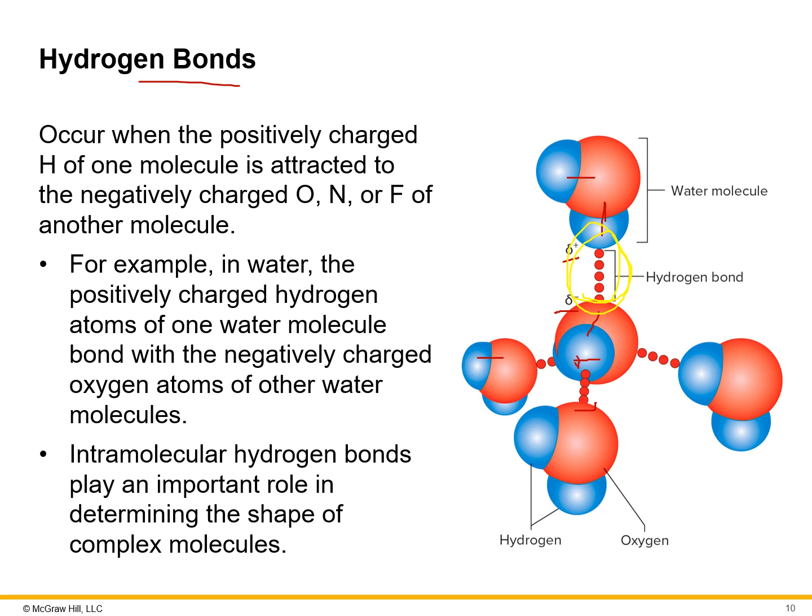So this positive charge is attracted to this negative charge, but it's between two separate water molecules. So we have a water molecule over here attracted to a water molecule over here. So these are intermolecular forces holding these different molecules together.